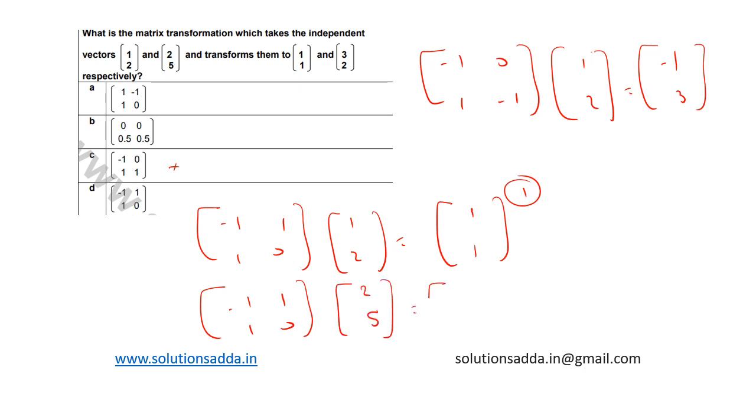This we will get minus 2 plus 5, 2 plus 0. This is equal to 3, 2. So using this matrix transformation, that is option D, we can transform the independent vectors 1, 2 and 2, 5 into 1, 1 and 3, 2. So option D is the right choice.